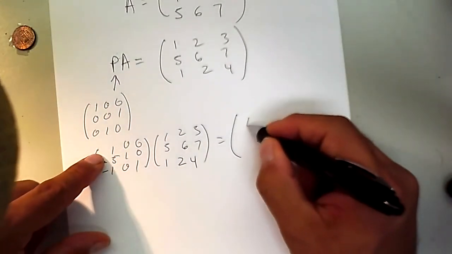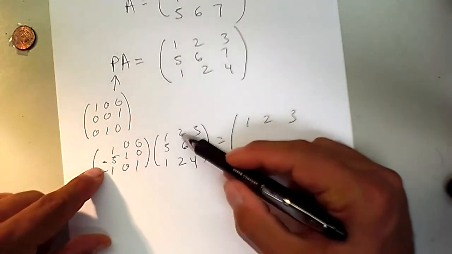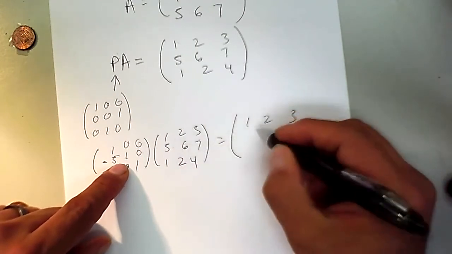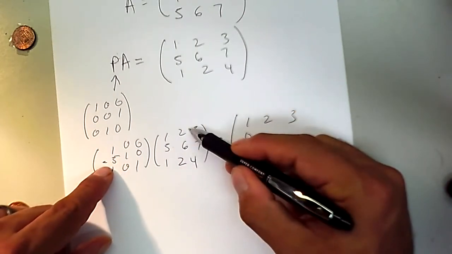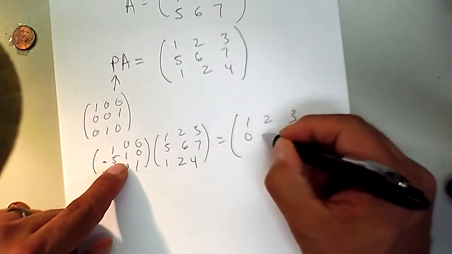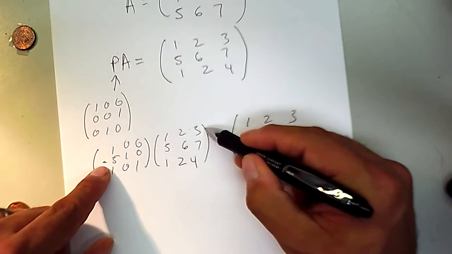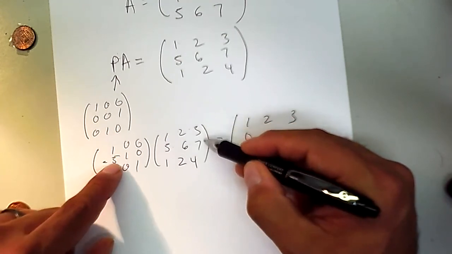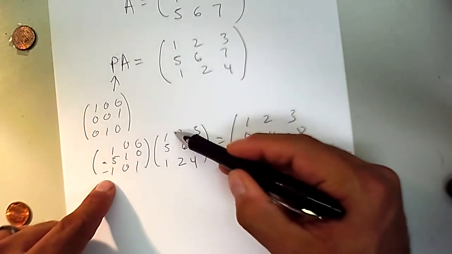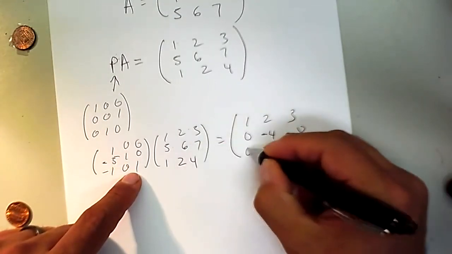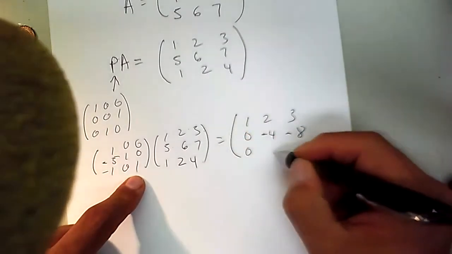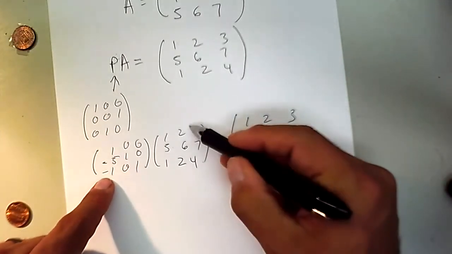We end up with 1, 2, 3, negative 5 plus 5, 0, negative 10 plus 6, negative 4, negative 15 plus 7, negative 8, negative 1 plus 1, 0, negative 3 plus 4, 1, and the middle one I forgot to do.